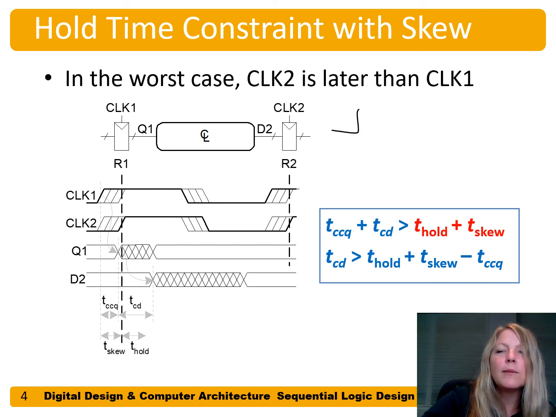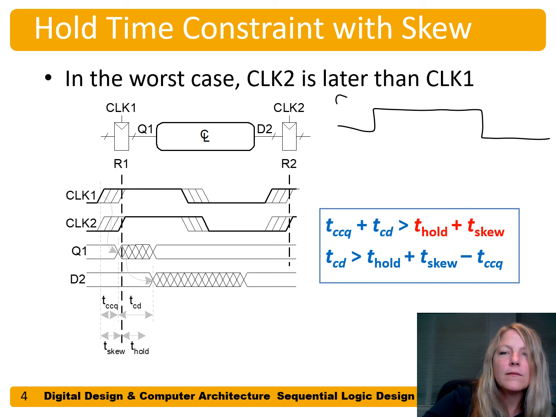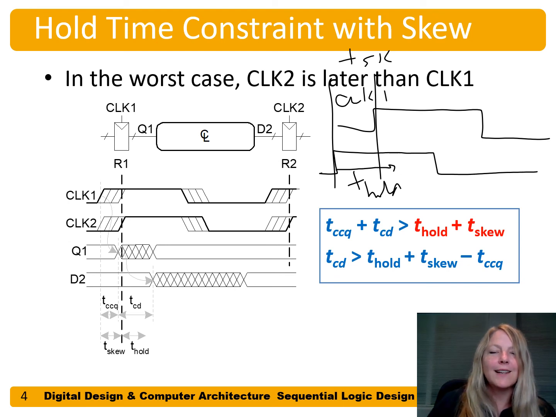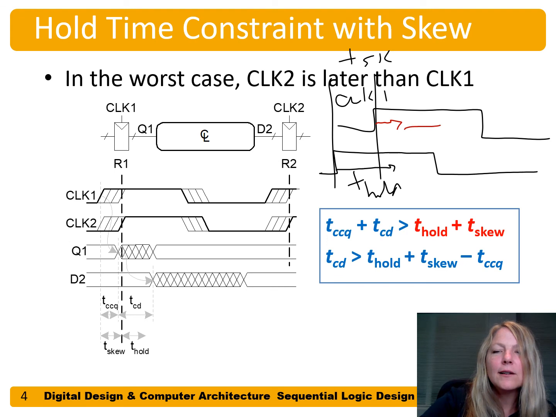But if instead it had been early, so here's clock 1, and if clock 2 had been skewed early, here's T skew. Well, now its hold time constraint maybe was there or something relative to its clock edge. Now we just made it better. This is a short amount of time that this TCCQ plus TCD has to be greater than.